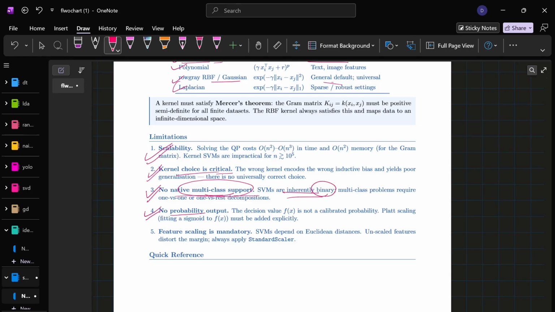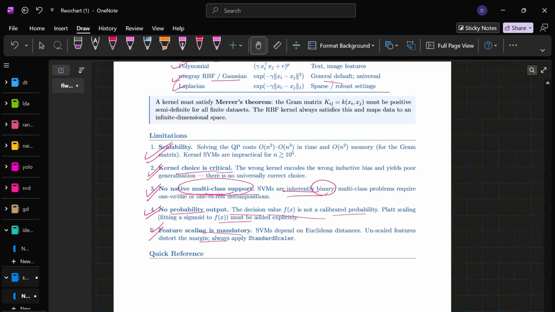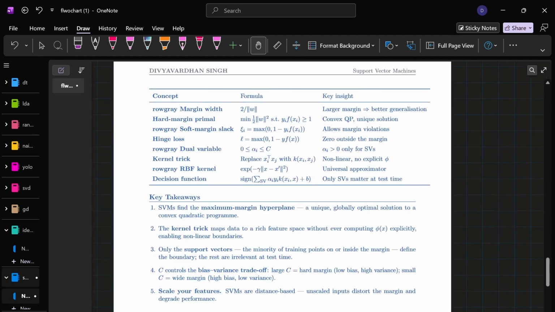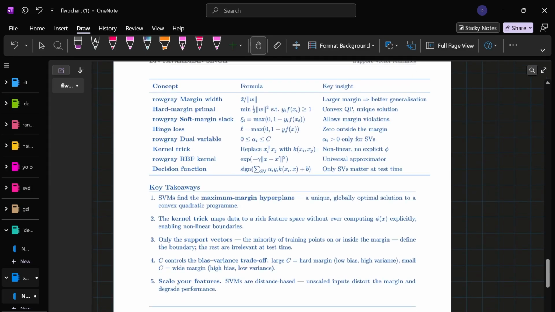Fourth, you do not get output probabilities directly, as we get in decision trees and random forests. And finally, feature scaling is extremely important. Unlike the previous algorithms where feature scaling is not so important, SVM requires feature scaling before being processed.